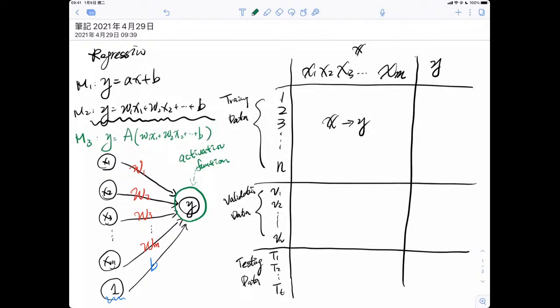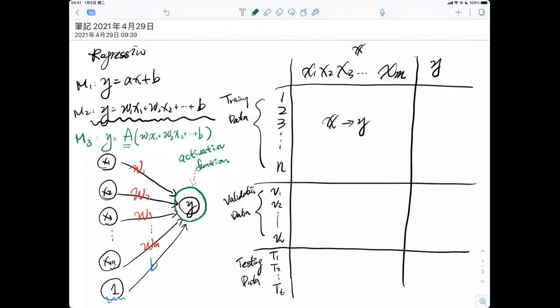And usually mathematicians design a lot of different nonlinear functions, which is the big A right here, so that we can use this big A to describe the nonlinear relationship between y and x.